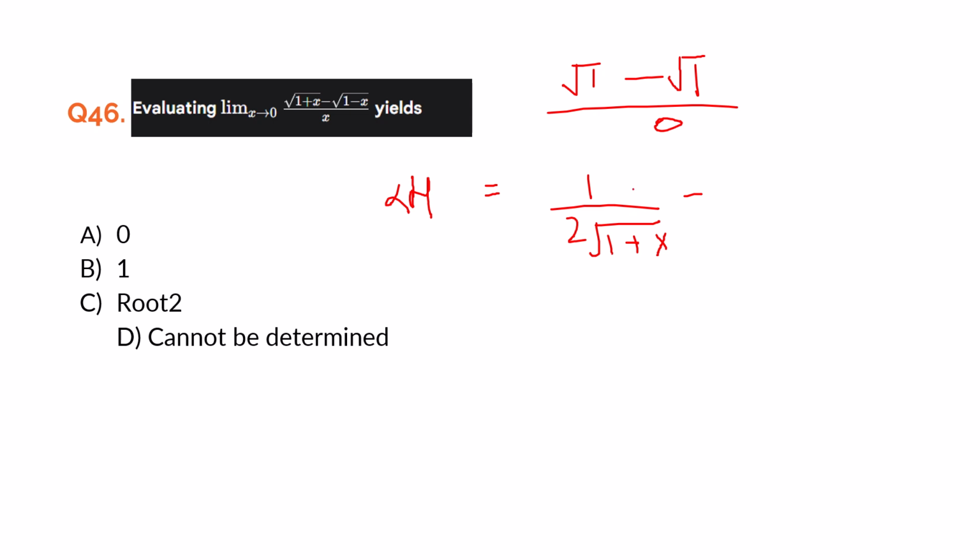Minus into 1, because we also differentiate with respect to x, and differentiating 1 plus x with respect to x is 1. Now again differentiating minus 1 minus root 1 minus x, that is 1 by 2 root x, and then differentiating 1 minus x with respect to x is minus 1, and we will also put the value of x as 0 here.